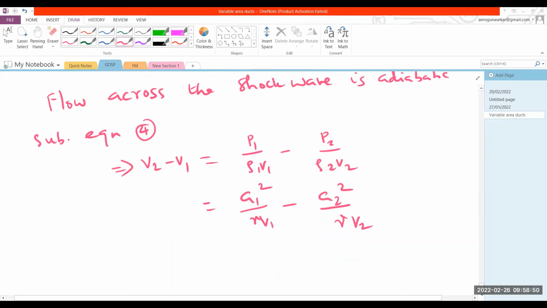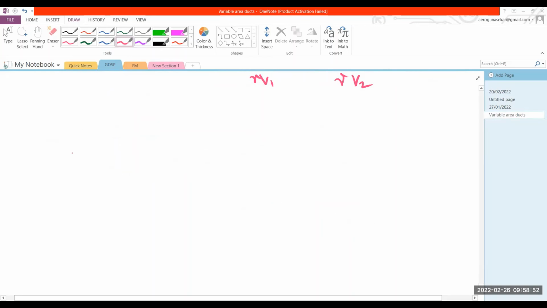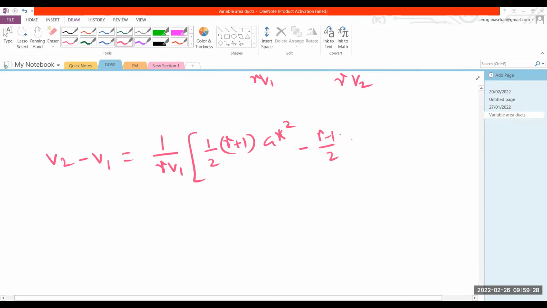Now I am going to substitute this in the equation. So v2 minus v1, the left hand side, will be equal to, taking 1 by gamma v1 outside, instead of a1 square, 1 by 2 into gamma plus 1 into a star square minus gamma minus 1 by 2 into v1 square.